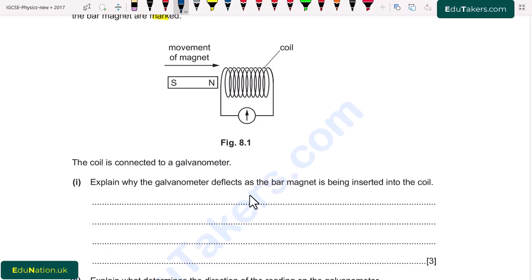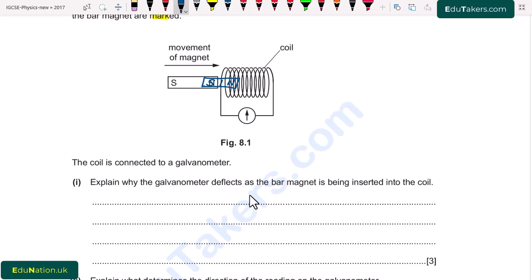First of all, there is a small distance between the bar magnet and the coil. It means that the bar magnet is still not inserted into the coil. So when we insert the bar magnet into the coil, it will be just like this. It has two poles. This is north and this is south.